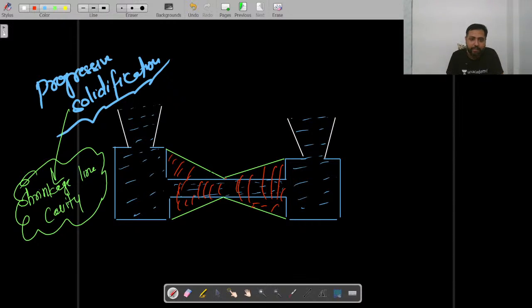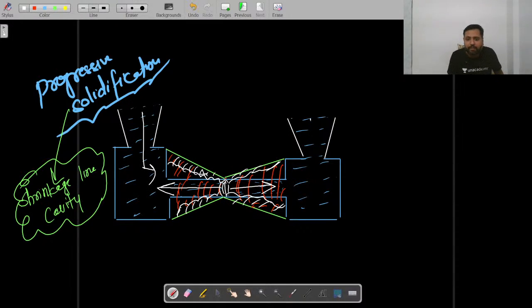As the solidification starts, the solidification fronts will move like this, and this is how the solidification will take place. From here the solidification moves in that direction, from here in that direction. So every time liquid metal will be present for any shrinkage which will take place.